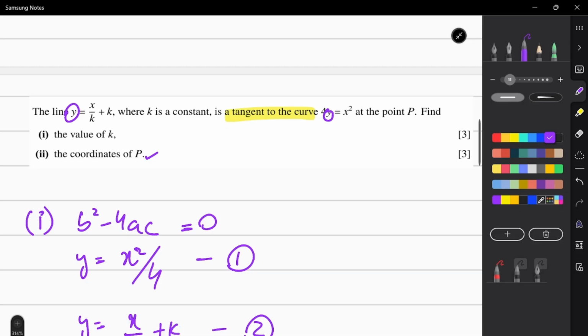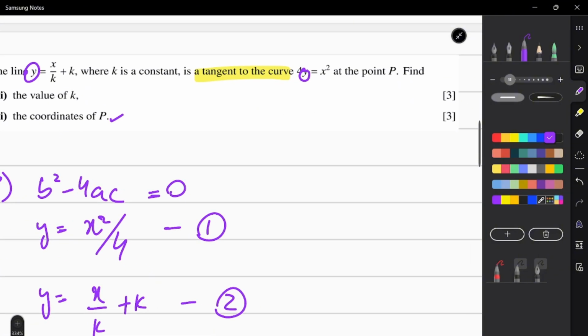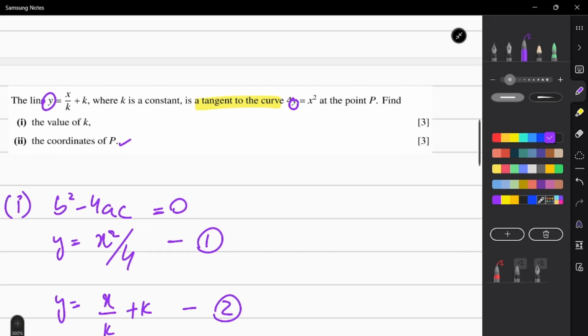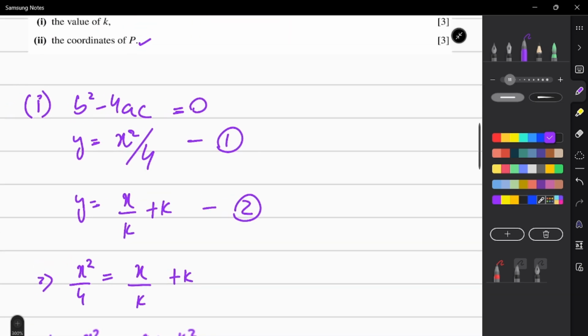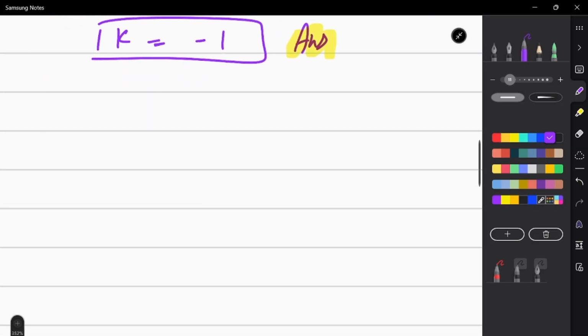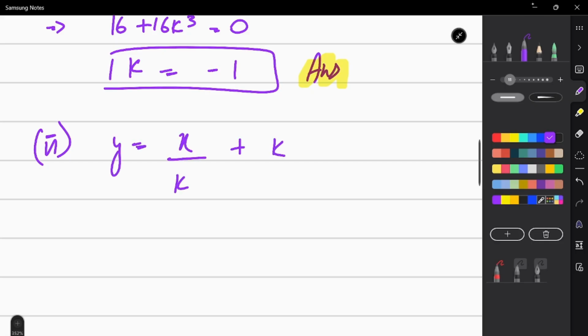Okay, so since we know that these two equations are going to be equated to each other, as the line and the curve meet at one point, it's going to be y equals y. But this time we're going to be doing y equals y with the value of k in mind. So the equation of the line was x upon k plus k.